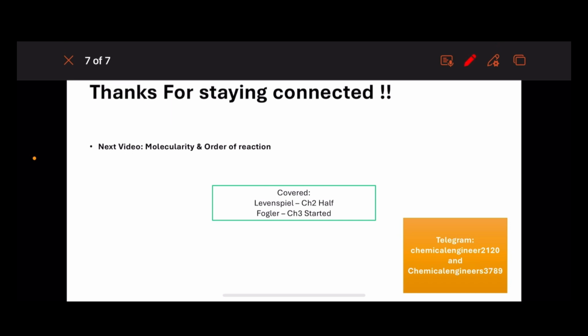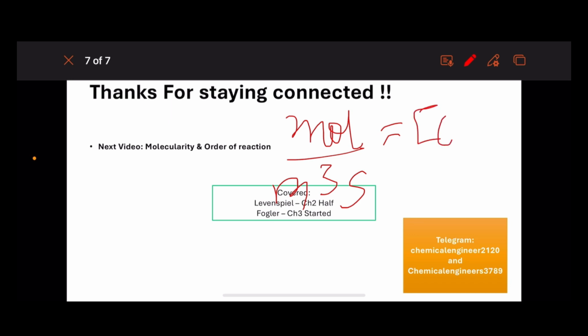For the first order reaction, the rate of the reaction unit is mole per meter cube per second. I am taking meter cube, but we can take liter also. Then here CA to the power 1 times k, and the k unit we have to calculate.